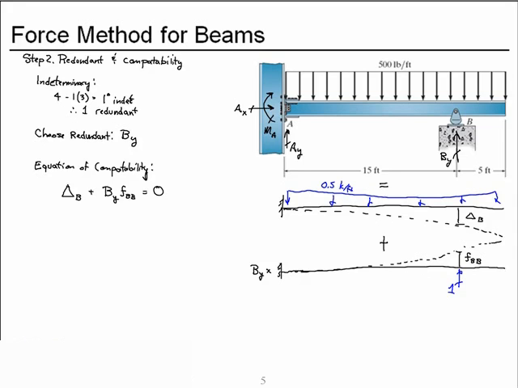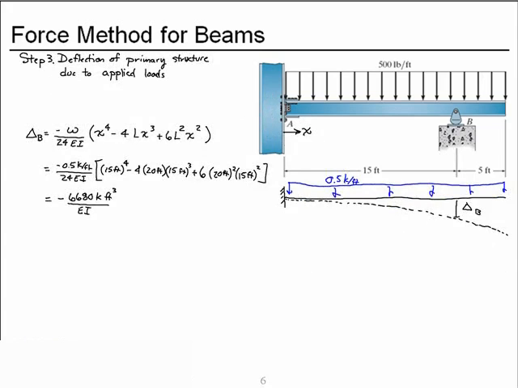We then wrote our equation of compatibility that brought the deflection at B back to 0. We then released the structure from its redundant support at B to get our primary structure, a cantilevered beam. We used the formulas in the front of our textbook to calculate the vertical deflection at a point other than the end of the cantilever beam.